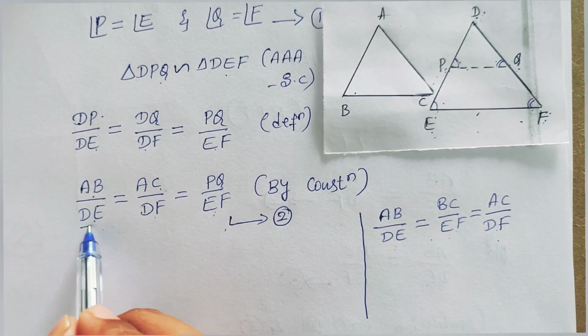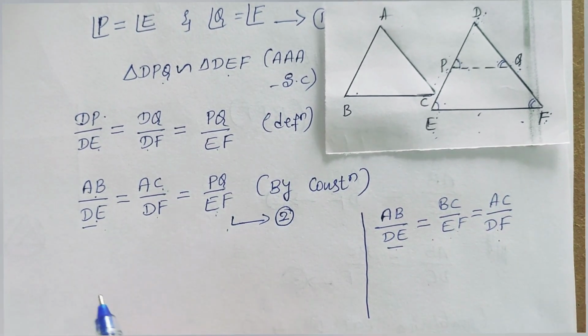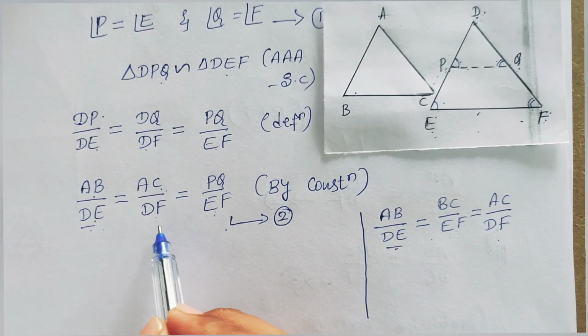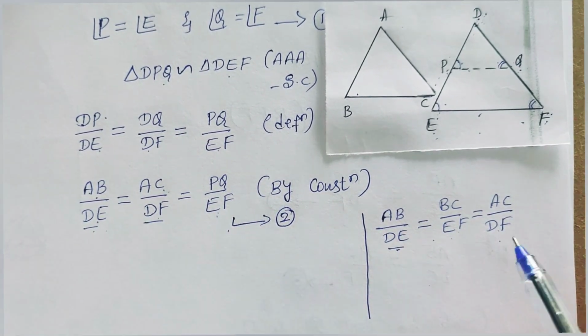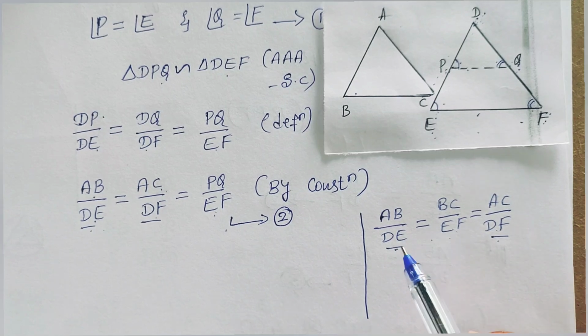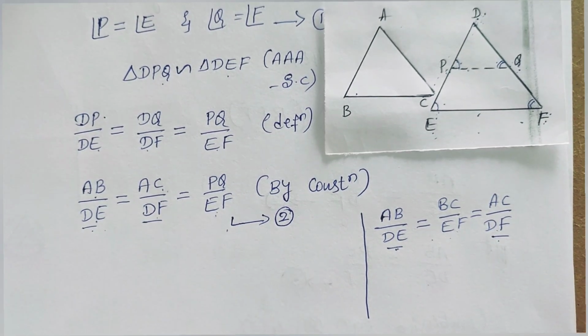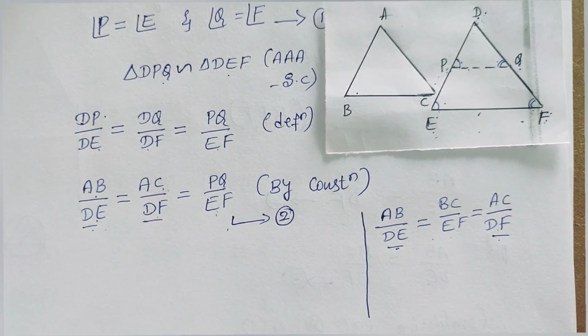Here the two factors are the same: AB by DE, here also AB by DE; AC by DF, here also AC by DF. Things which are equal to the same thing are equal to one another.